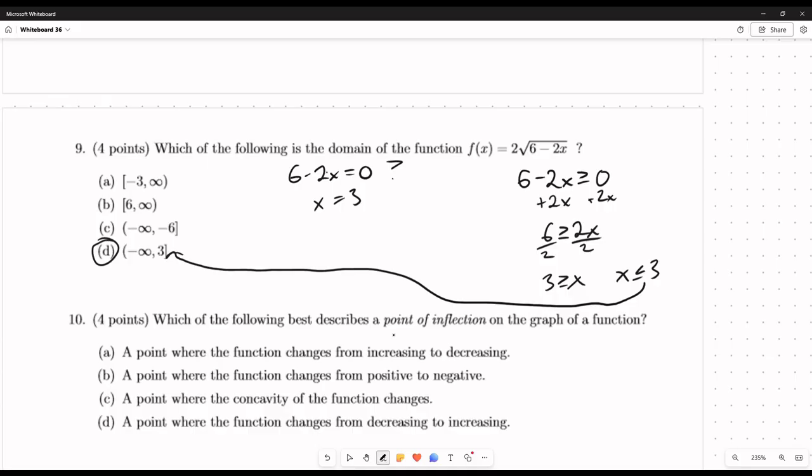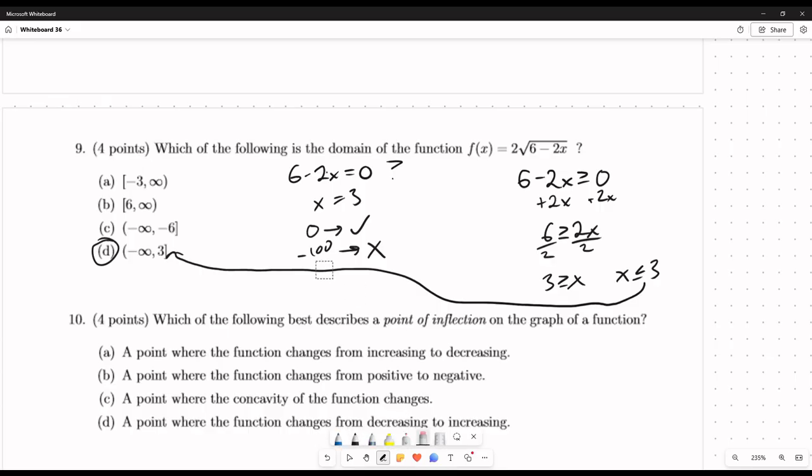So if I plug in something like 0, I'll get 6 minus 0, that's fine. But if I plug in something like negative 100, which is less than 3, then I'll have 6 minus 200, which is definitely negative, and that's not fine. Oh, goodness, let's try that again. That was bad.